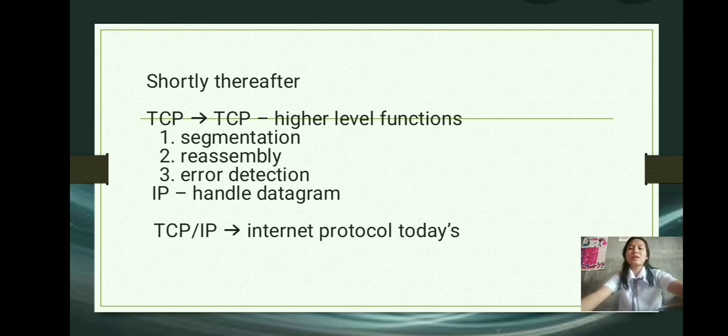The best known example is the HTTP transfer of a web page. Next is error detection, which provides reliability using error control. It includes mechanisms for detecting corrupted segments and duplicated segments. That is what it does.